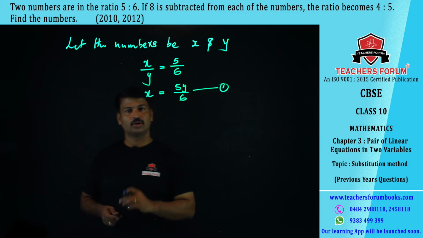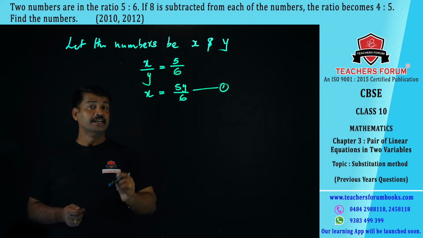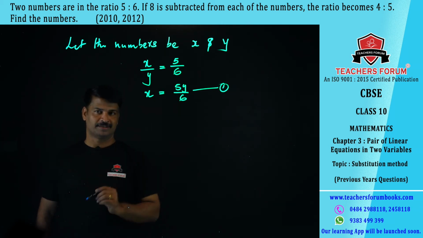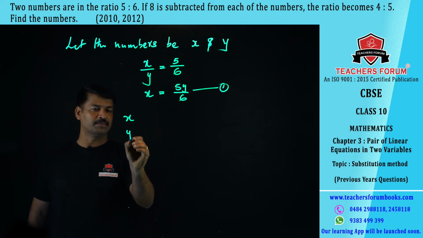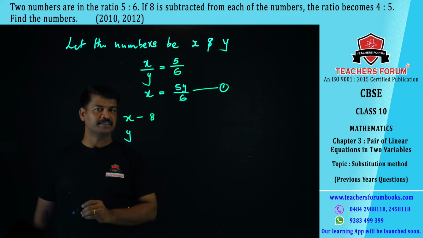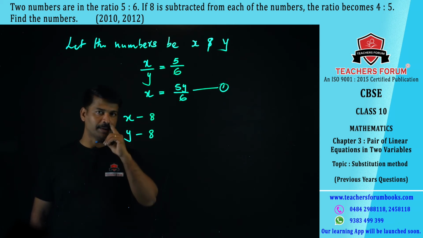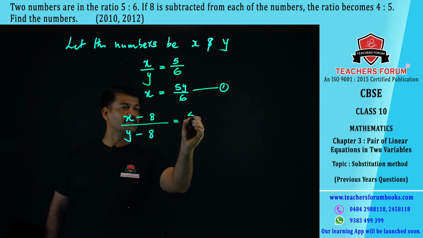Now let us look at the question again. It is also given that if 8 is subtracted from each number, so what are the numbers? X and y are the numbers. It is given that if 8 is subtracted from x and if 8 is subtracted from y, from each number, the ratio becomes 4:5.